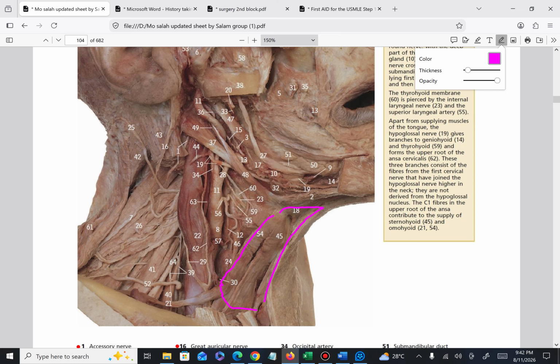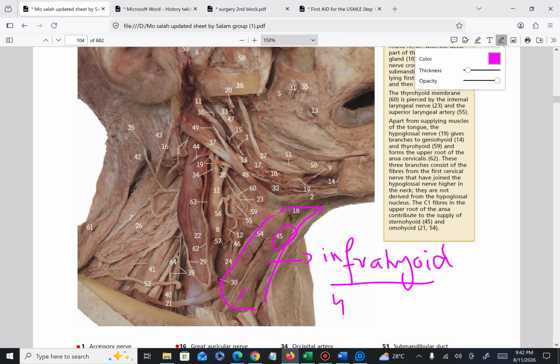And the contents of the muscular triangle: it contains the infrahyoid strap muscles. Infrahyoid muscles are 4 in number. 2 are deep and 2 are superficial. In this image you can see this muscle on the 45 number.